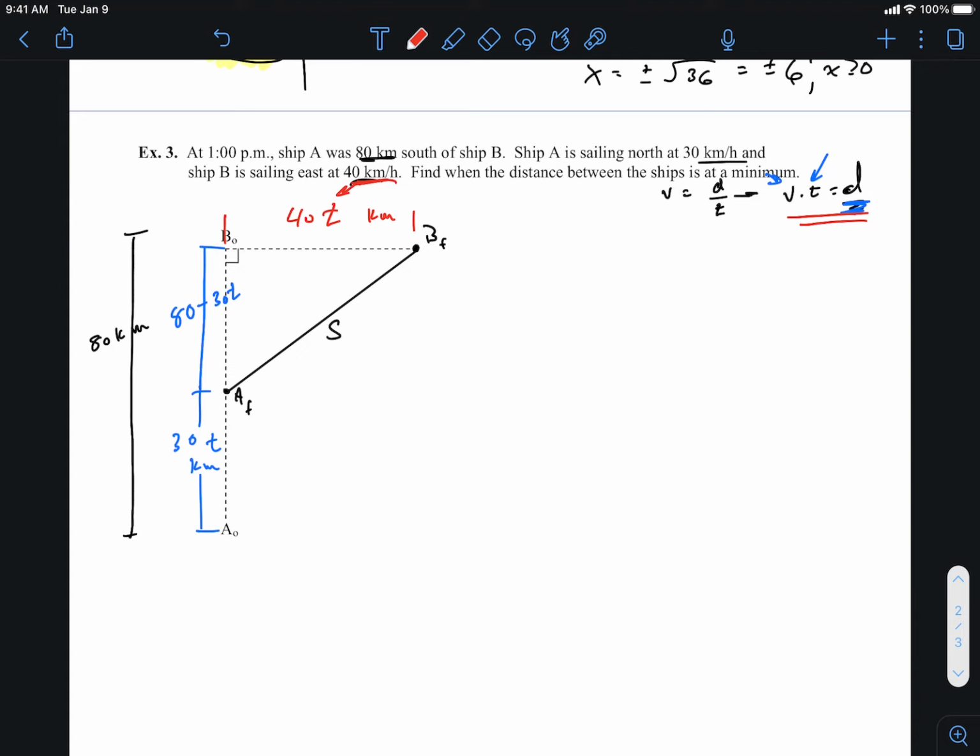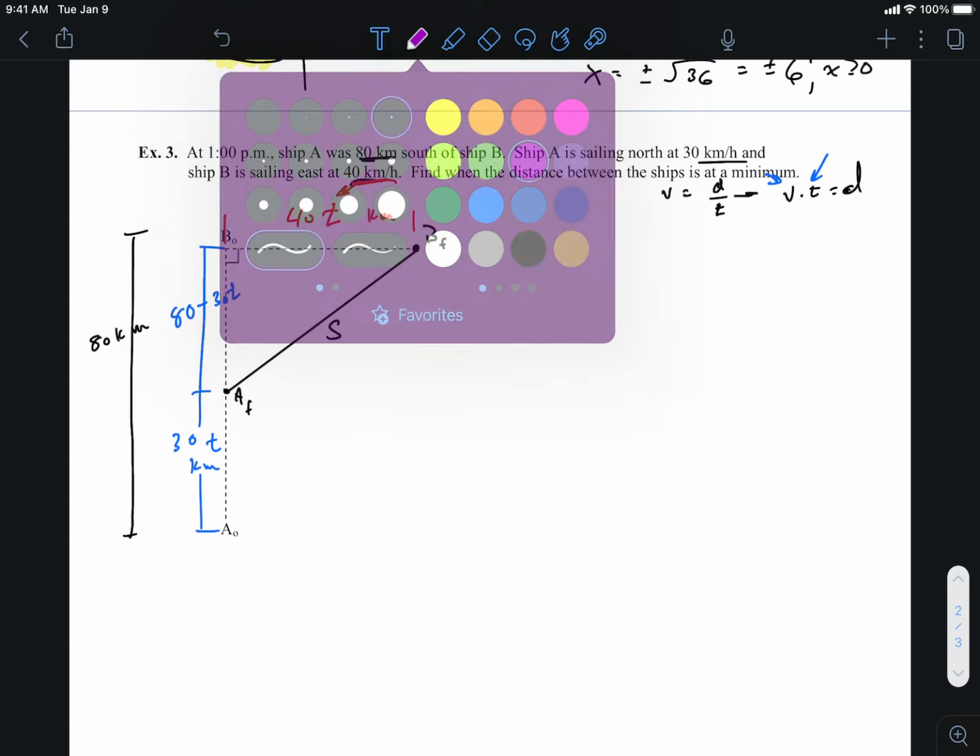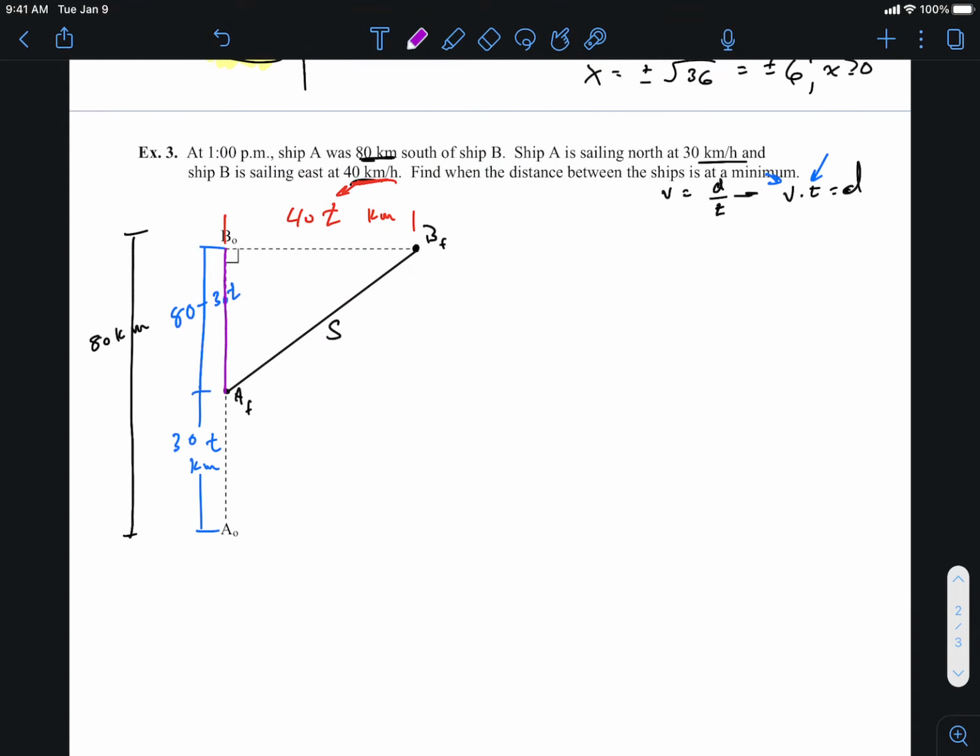We want to work with this question in terms of distance. But the nice thing is that now we have a triangle. I'll draw it in purple here. The thing we're interested in is S, or S of t. We have a tool from way back in grade 9 to deal with triangles.